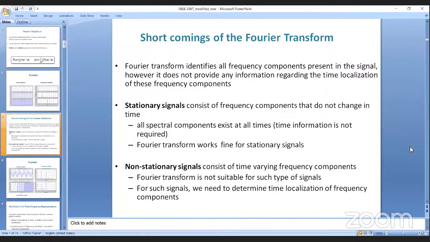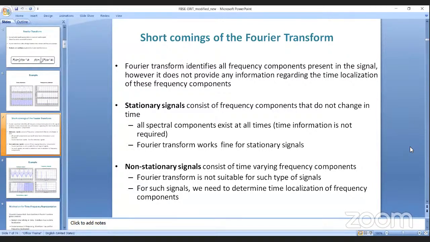In signal processing, we use mathematical models to represent the signal, and if the parameters of the models are constant with time, then we call them stationary signals. If any of the parameters of these models change with time, then we call them non-stationary signals. And it is very difficult in this world to find stationary signals.